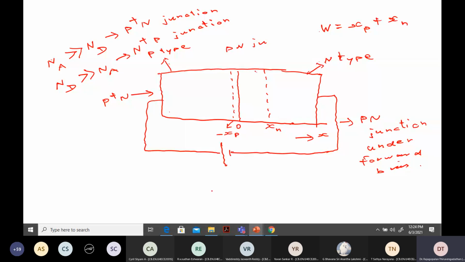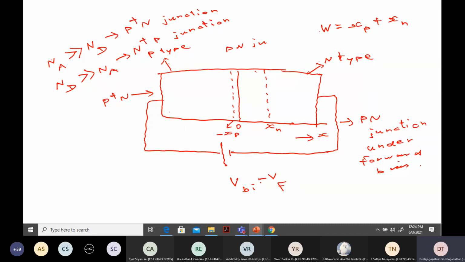Okay, so with this background, we already know that the potential barrier VBI will be lowered by the applied forward bias voltage. Once the voltage crosses the potential barrier, there won't be any more depletion region. The current will freely flow through the junction and the depletion width will be zero, obviously. So the moment VF becomes VBI, this is the thing that will happen.